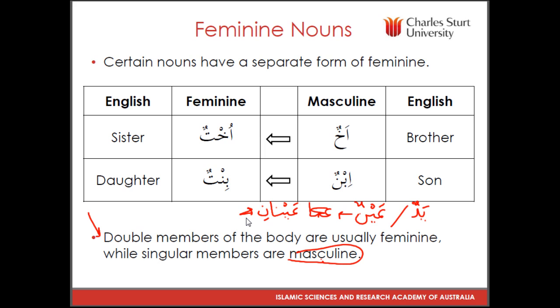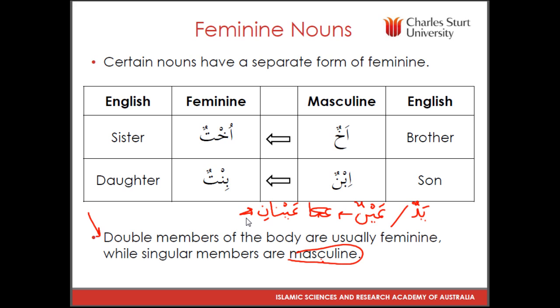Some more things. Li in Arabic. This li, what does it mean? Li is a preposition. Remember, there are huruf al-jarr, and it means belong to, for.